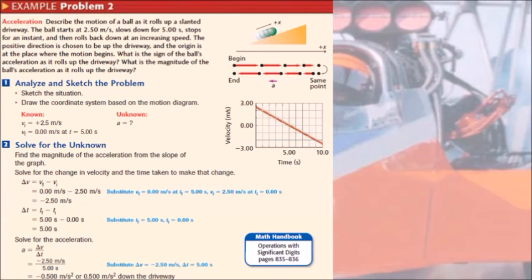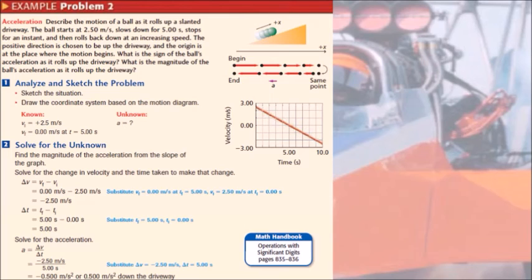The second part, what is the magnitude of the ball's acceleration as it rolls up the driveway? So now they're wanting the magnitude of the acceleration. Our acceleration is the change in velocity over the change in time. Our change in velocity started at 2.5 meters per second, and we ended at 0.